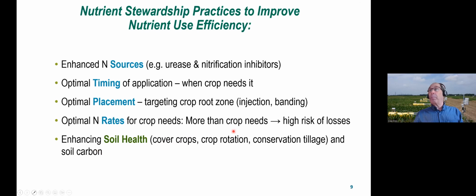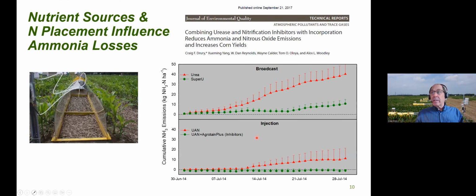Well, cover crops, crop rotation, conservation tillage. By improving the soil, it has better water holding capacity, it doesn't get as wet, so it's not as susceptible to losses. That again is another tool that could be used for multiple benefits, including reducing losses to the environment and getting more of your nitrogen into the crop.